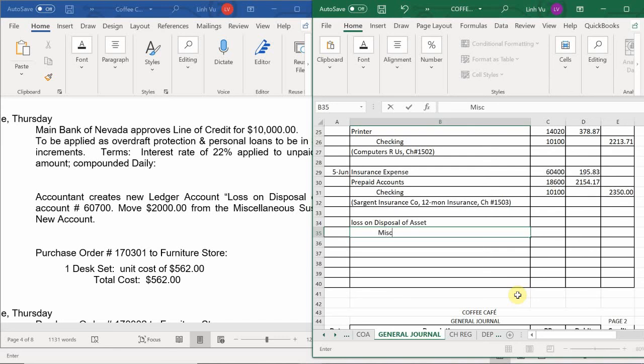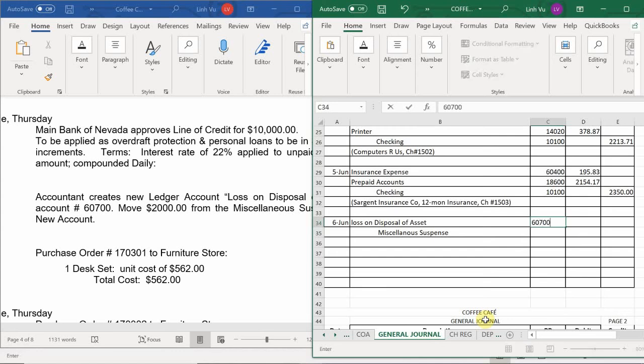I'm going to move it right away. It's just an example of how you have to create accounts as you go. This is what happens when you put something in another account and then create another account. How do you move it out? This is how you do it.